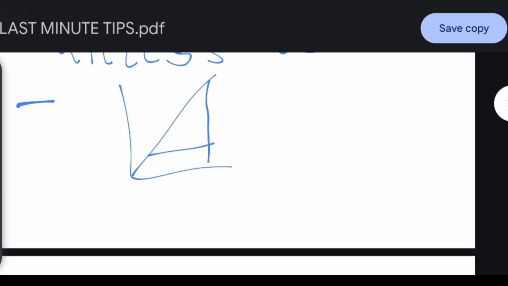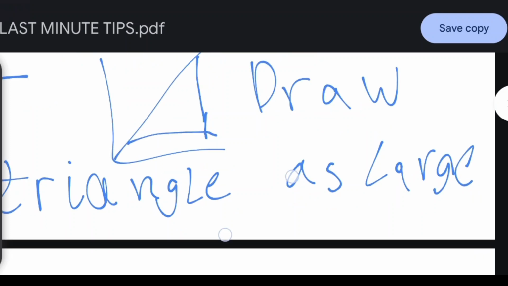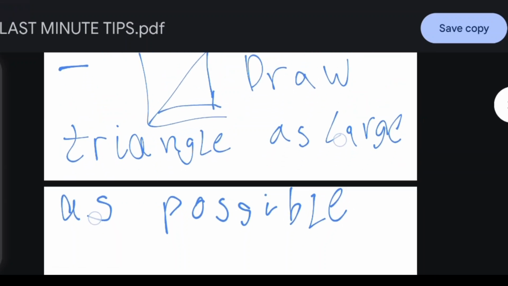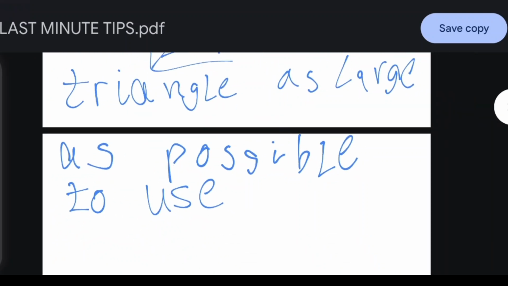You draw the triangle as large as possible to find the gradient.